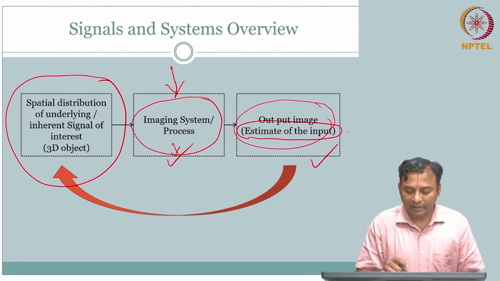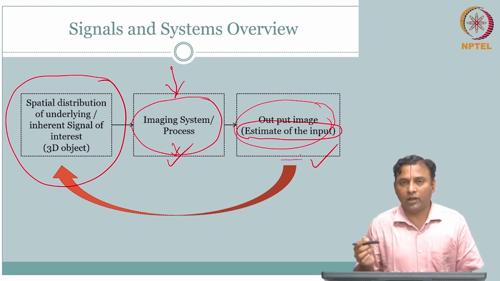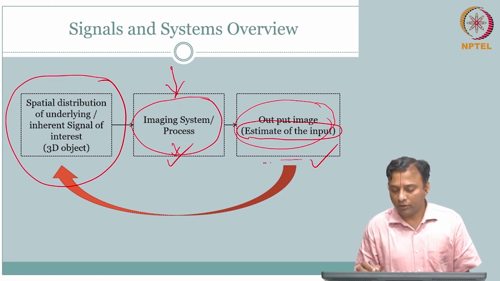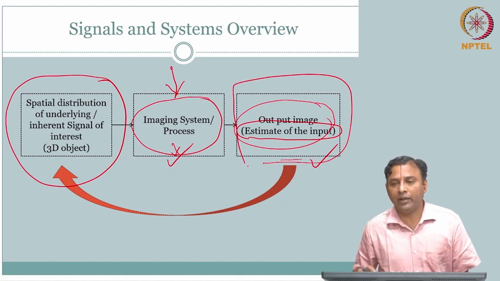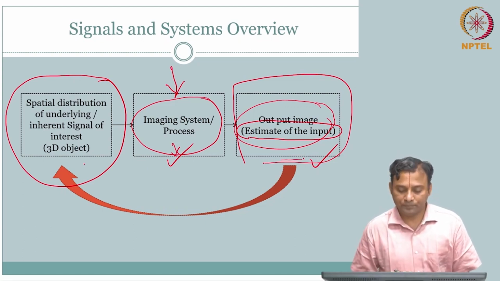So it's very intricate. If you want to make very good use of the output image, or you want the doctors to make a very reliable diagnosis based on it, this output image should be as close as possible an estimate to the underlying ground truth.